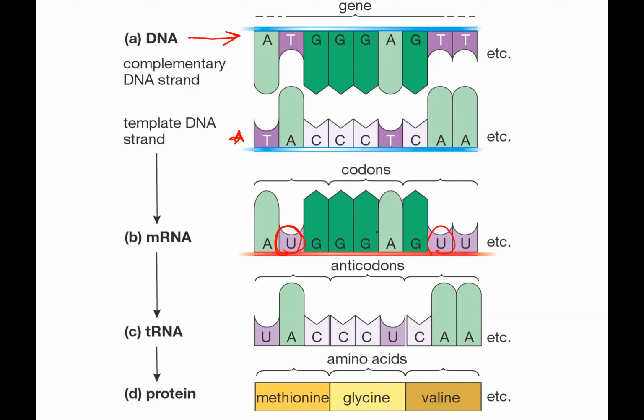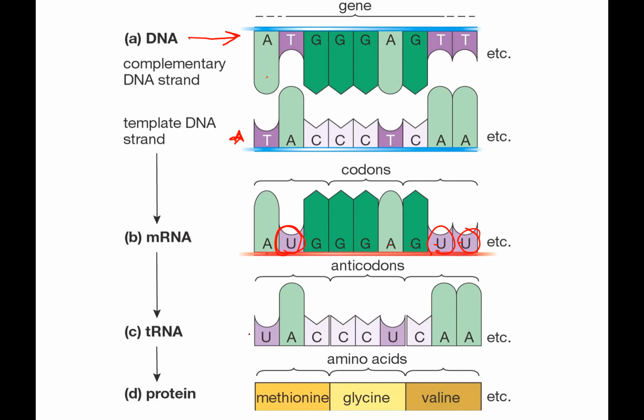So I would encourage you to take a look at this picture and compare the mRNA with the original strand. So if we look at mRNA, it's adenine, adenine, uracil instead of thymine, guanine, guanine, guanine, adenine, guanine, uracil, uracil. So it matches, except for we're substituting uracil.